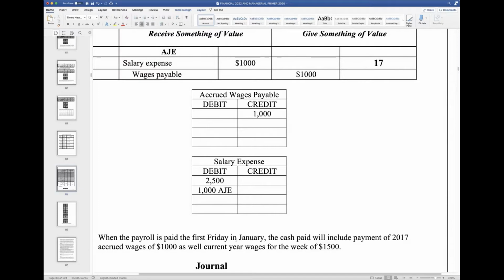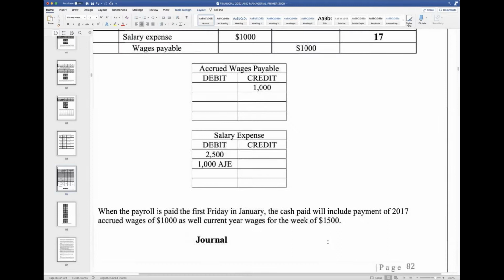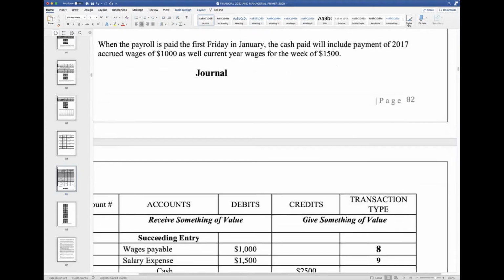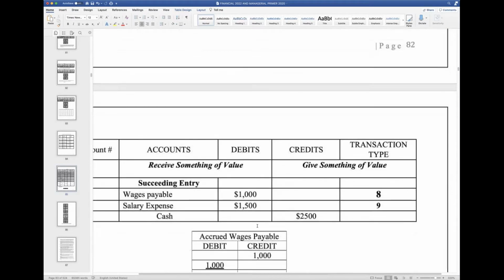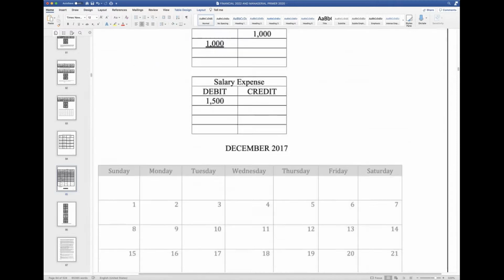When the payroll is first paid on Friday, they still are going to pay 2,500. But 1,000 of it relates to 2019 because of those 2 days that went into 2019. The other 1,500 relates to the new year.